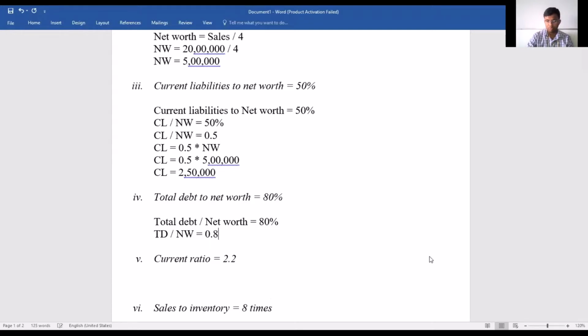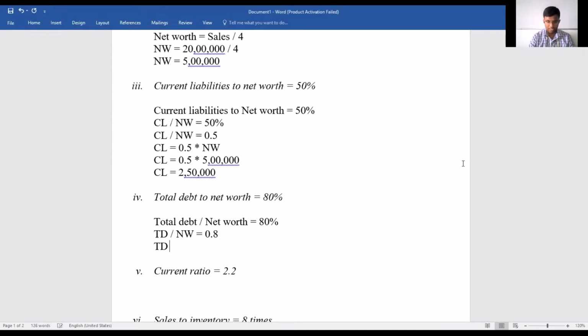So how did we get 0.8? 0.8 is nothing but 80 divided by 100. Which means total debt is equal to 0.8 into net worth.